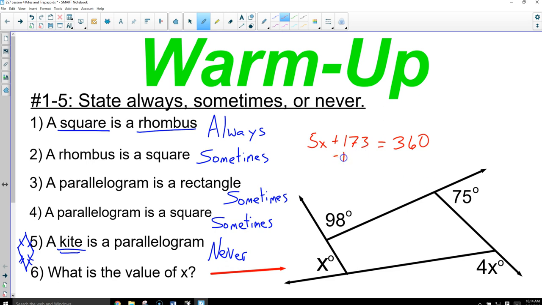So then we would subtract 173. Let's see, that is 187. Divide by 5. And we get x is 37.4.